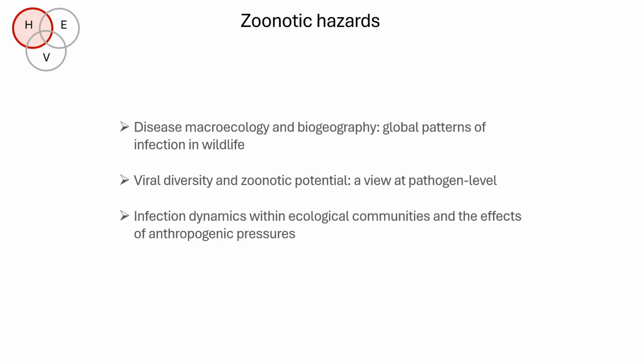And this work broadly spans scales of biological organization, all the way from macro scale biogeography and global patterns of infection, down to viewing things from the level of individual pathogen species, as well as infection dynamics within ecological community contexts. And so over the next few slides, I'll talk a bit about some of these insights at different scales into what shapes zoonotic hazards.